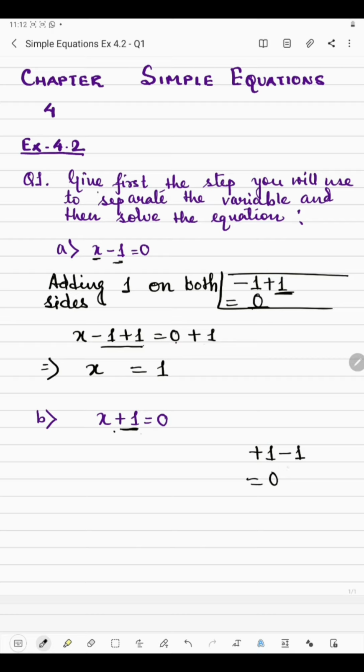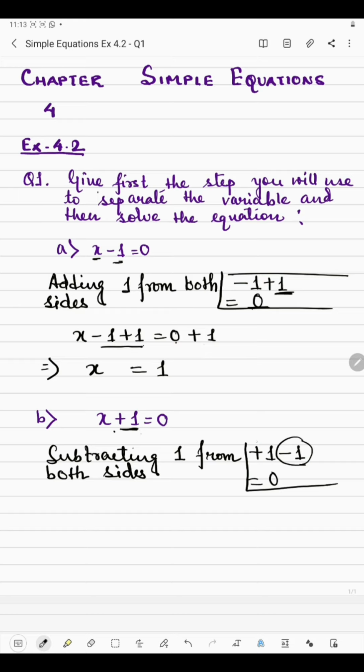So what we have taken here, -1 we have taken, and if you subtract 1 on the left hand side, then the same thing we will have to do on the right hand side. So what we are writing here, subtracting 1 from both sides.